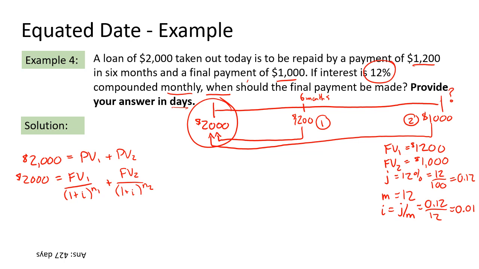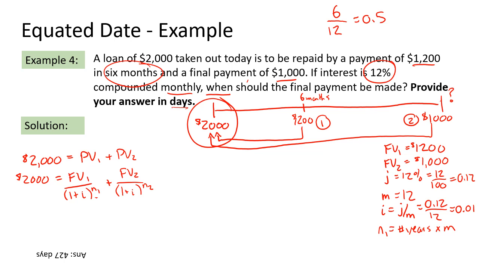So the item that you do know, you can calculate the number of compounding periods for the first payment because it was 6 months from now. N1 is equal to the number of years multiplied by the number of compounding periods per year. You know it was 6 months, and remember, you have to convert months to years. So 6 divided by 12, since there's 12 months in a year, gives you 0.5.